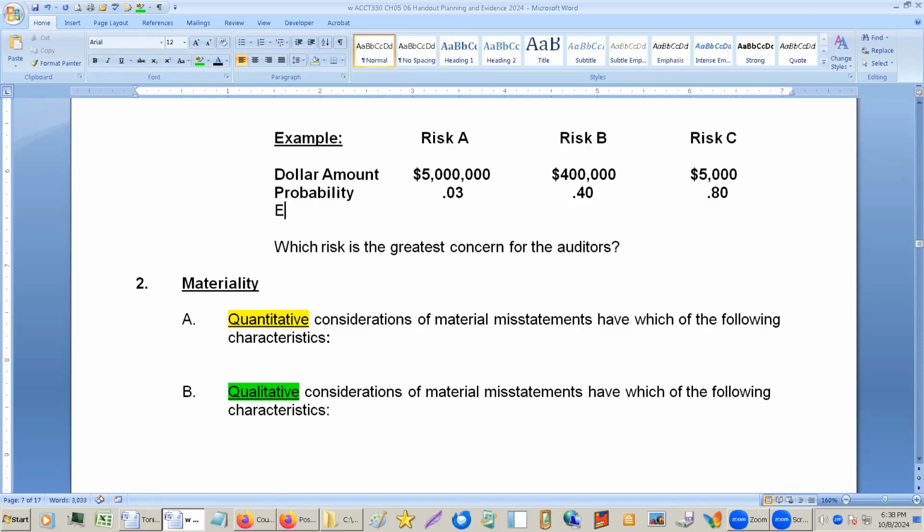So it's 150,000 for the first one, 160,000 for risk B, and then 4,000 for risk C.